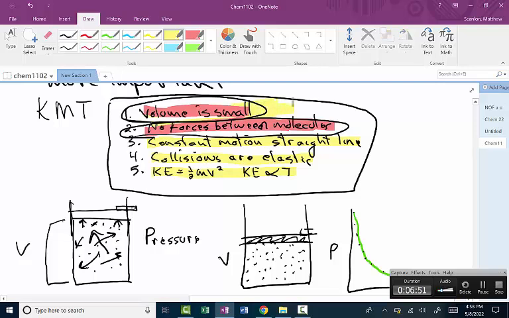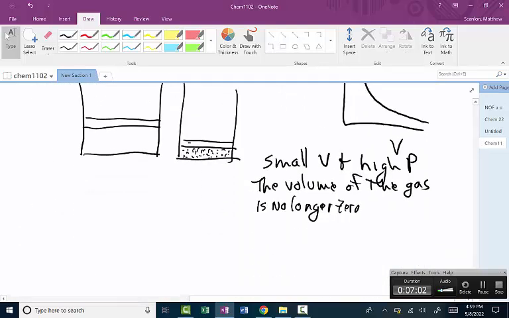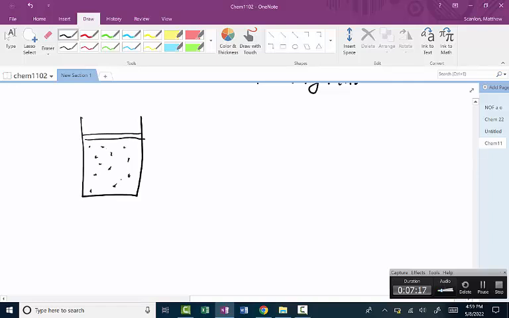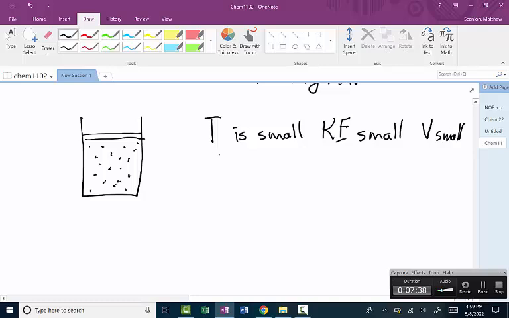Now we're going to talk about the second one, where there are no attractive forces between molecules. That's also wrong. There are attractive forces. They're just very, very small. The only time this is going to become important is when the gas is moving very, very slowly. The gas motion becomes very small when the temperature is small. So if temperature is small, then kinetic energy is small, and the velocity is small. And this happens at extremely low temperatures.